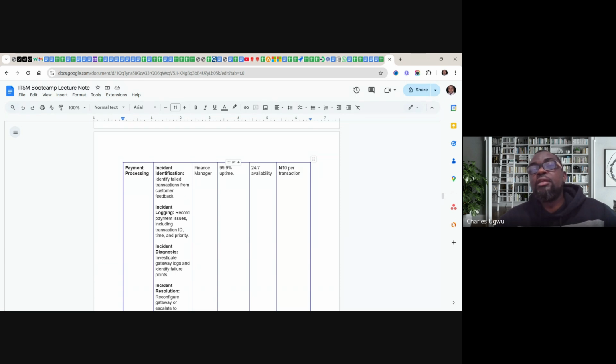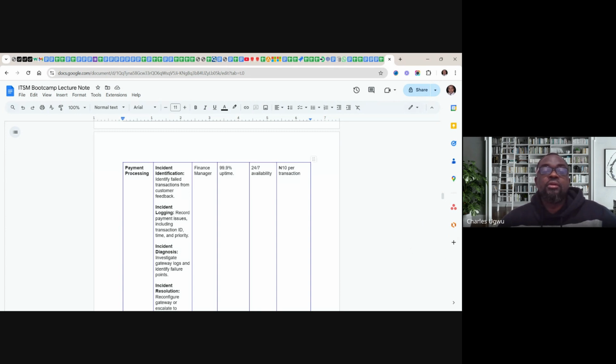The salesperson can see from the back end that there are so many failed transactions, and that is not good for business, because customers will not be happy and we're going to lose them.